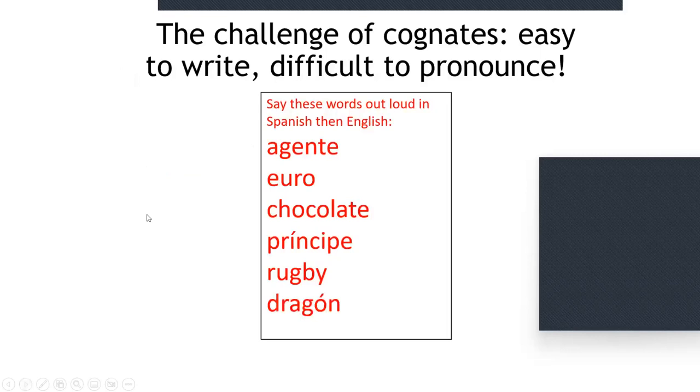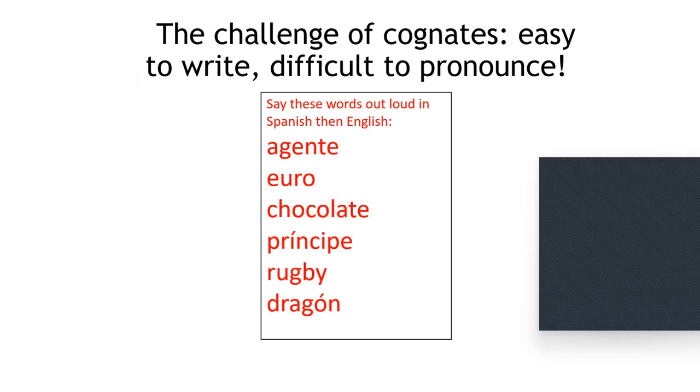And when we are thinking about phonics, we need to think about the challenge of cognates. So cognates or neocognates are words where children see the word and they recognize them because they are very similar to English or identical, and their natural desire is to want to pronounce them like English.